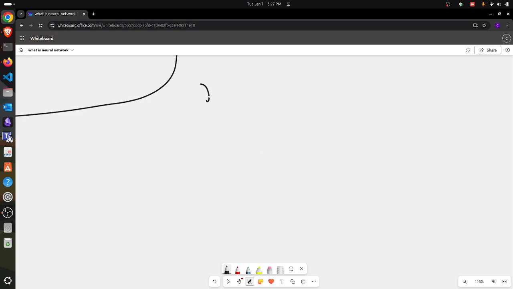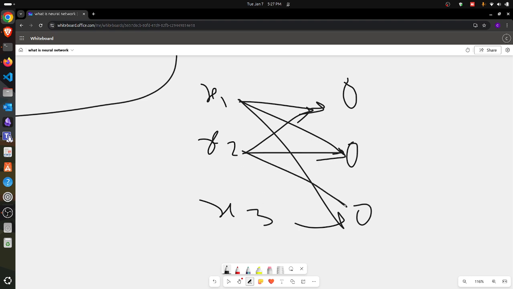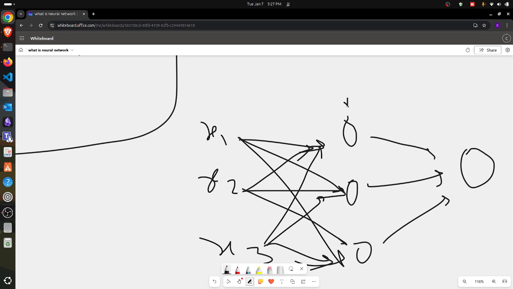So imagine this thing like this, and then like this, and what we call this one is a layer.